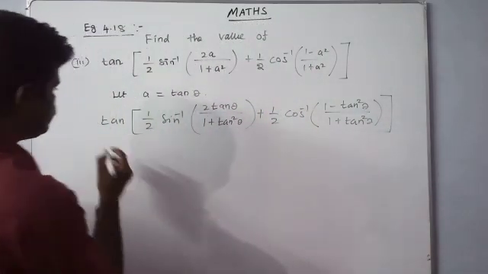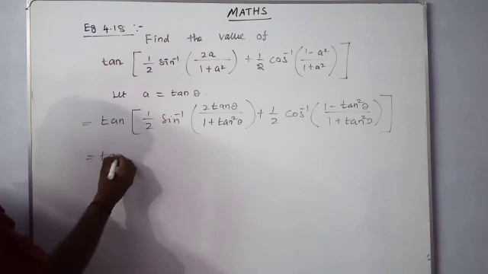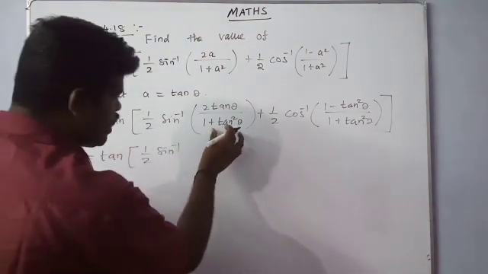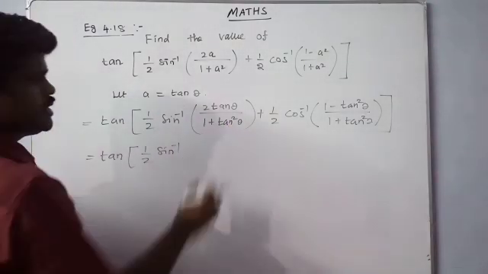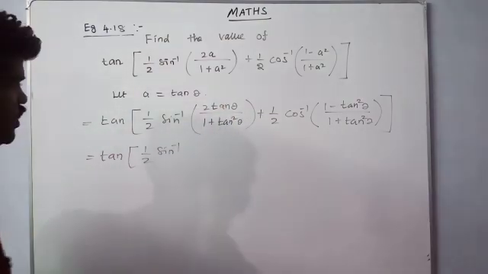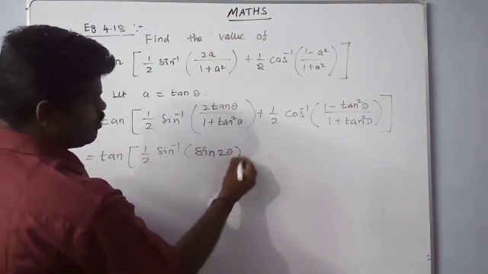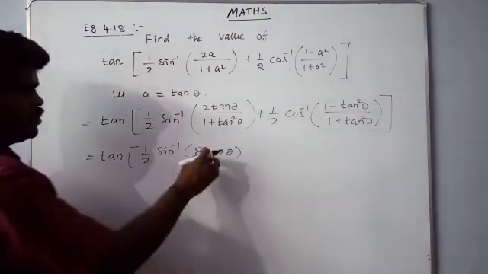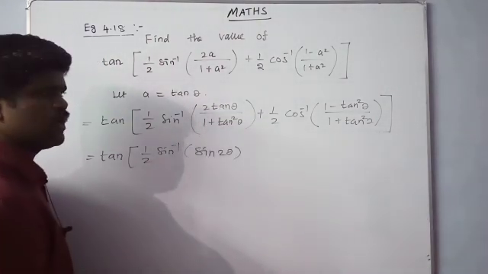Right? And tan 1 by 2 sine inverse of, this value is property number 6. 2 tan theta by 1 plus tan square theta is what? Sine 2 theta. We have a property in the book, properties of inverse trigonometric functions. So sine 2 theta is equal to 2 tan theta by 1 plus tan square theta.